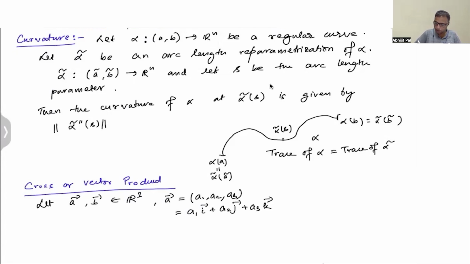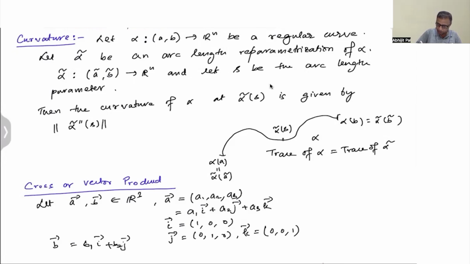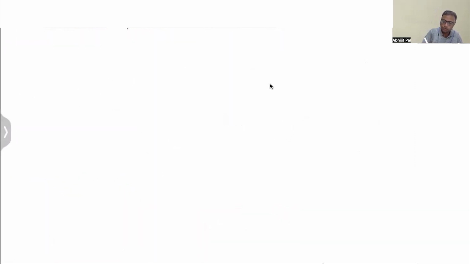Okay, so this I bar represents the unit vector (1, 0, 0). J bar represents the unit vector (0, 1, 0). And this K bar represents the unit vector (0, 0, 1). Similarly, I can write this B bar as B1 I bar, B2 J bar, and B3 K bar. So now, what is the vector product of A with B?